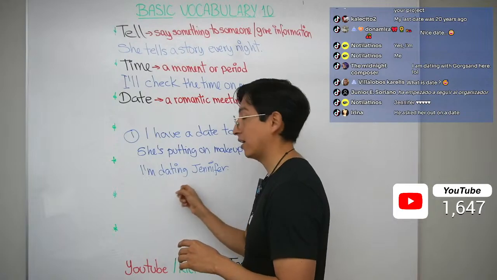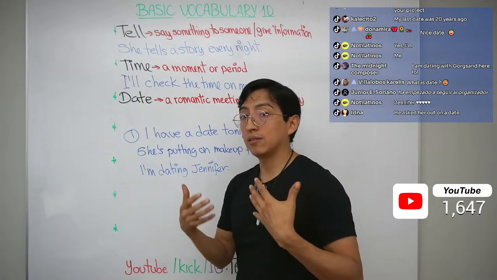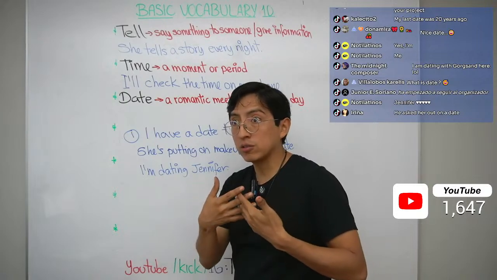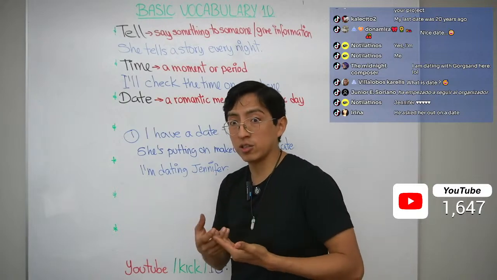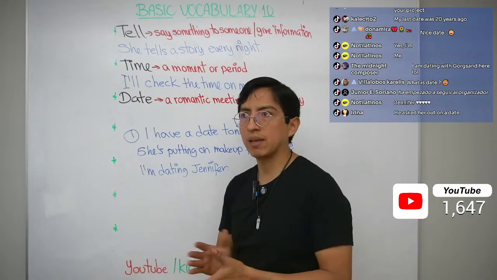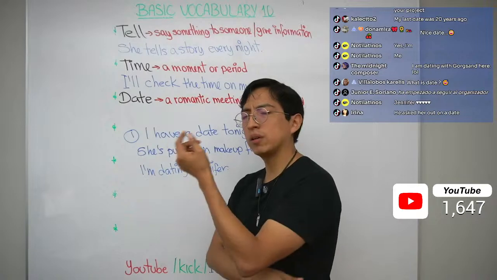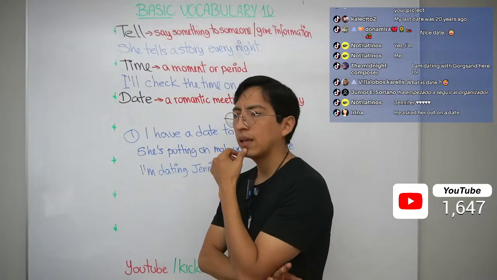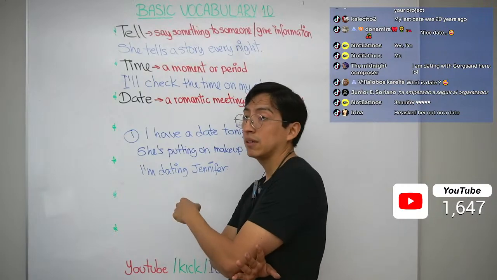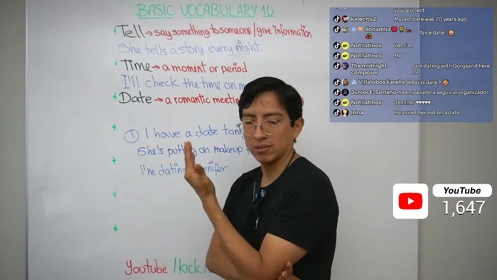Okay, I'm dating her. It means that this person and I are starting a relationship. So this is more like a boyfriend and girlfriend. Maybe you can say, "Oh, that is a beautiful girl," and you can say, "Be careful because she's dating Rodrigo, let's say."